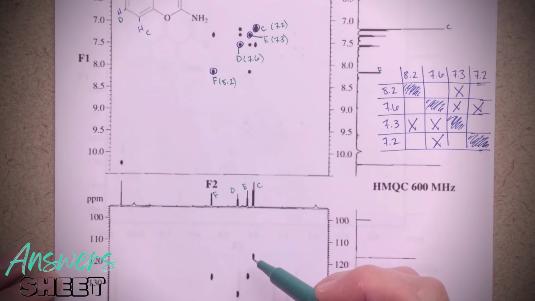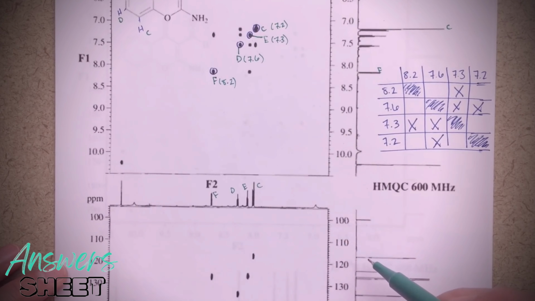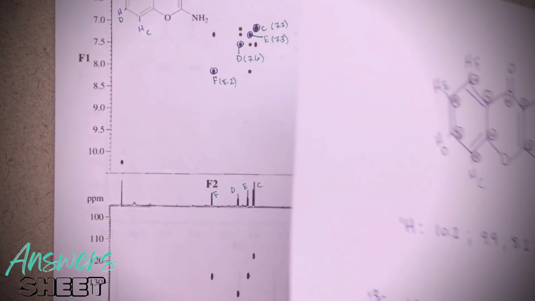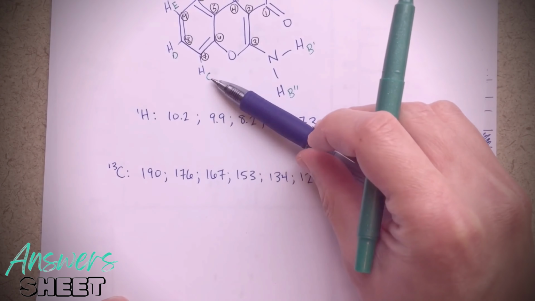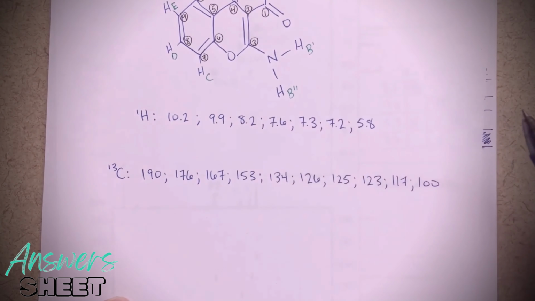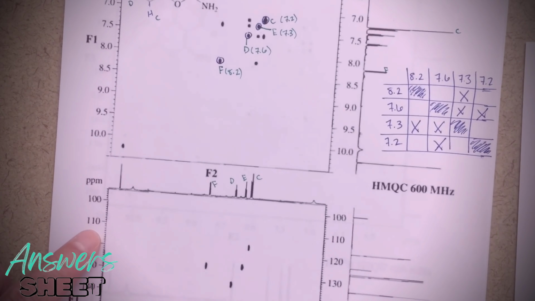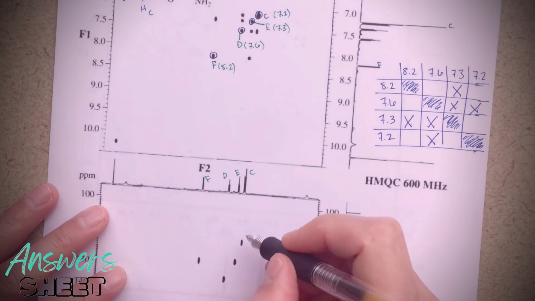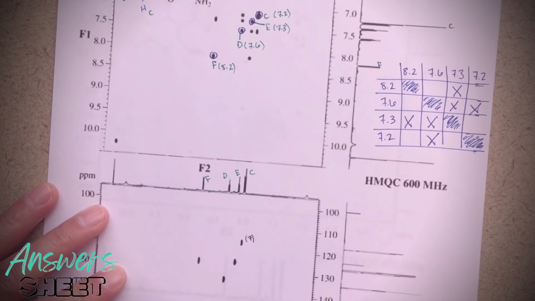So this C peak is correlating to this peak over here at 117. So I can tell right away, if I go back to my master diagram, that this peak at C is correlating to this carbon that we would have labeled 7. So from this HMQC, I'm going to call this peak 7.